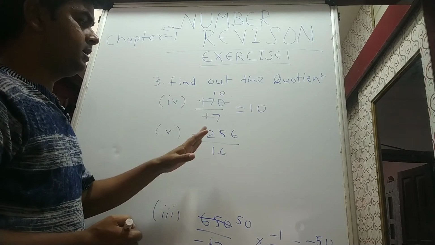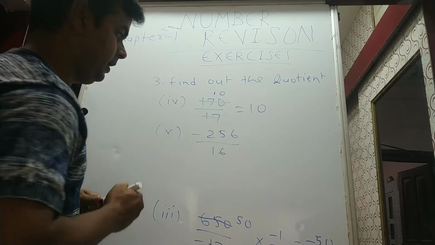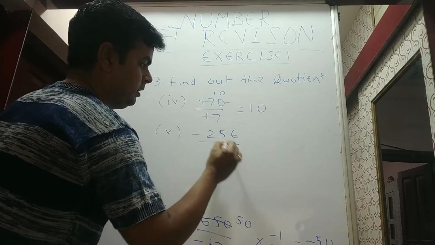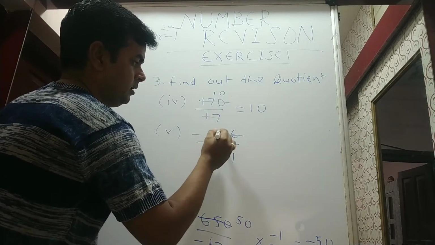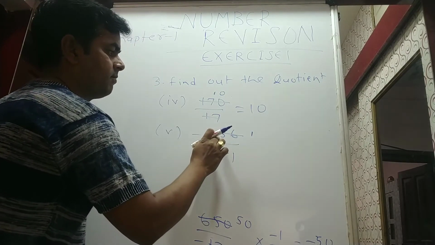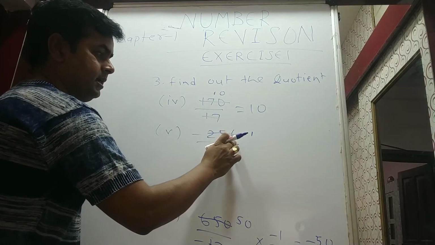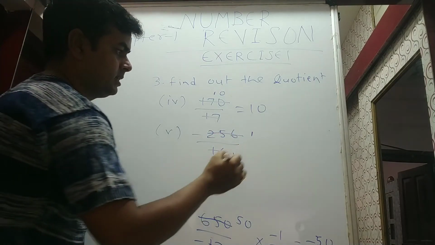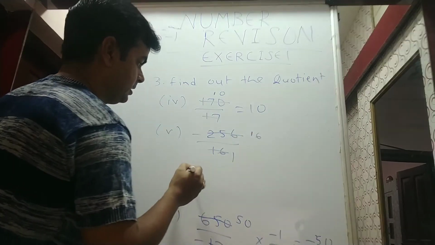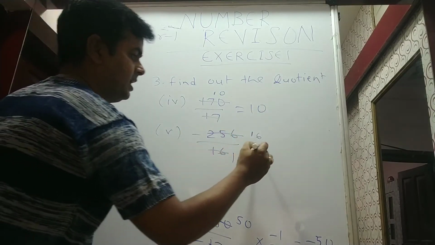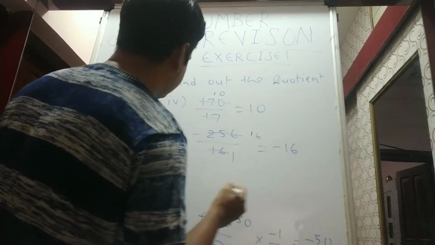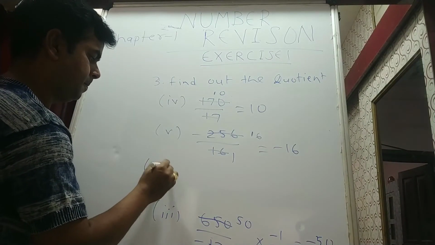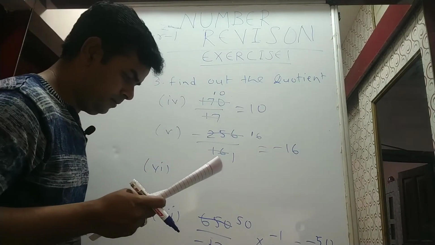If you see, 16 ones are 16, 16 ones are 16, what is left is 96, so 16 sixes are 96. As we have a minus sign over here, this would be minus 16. Hope this is clear to you.